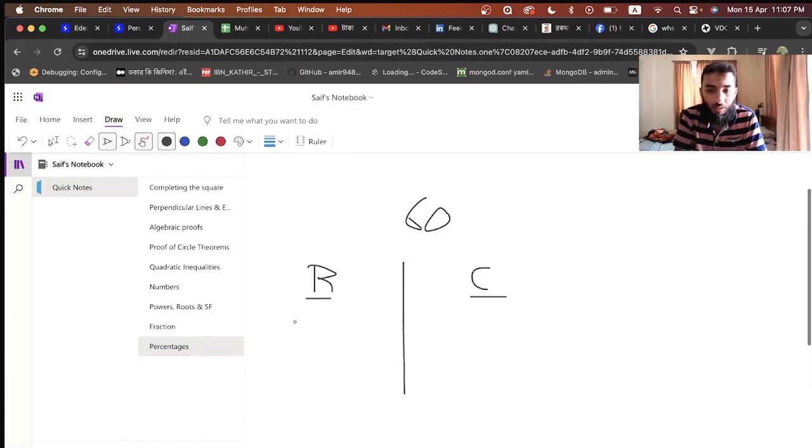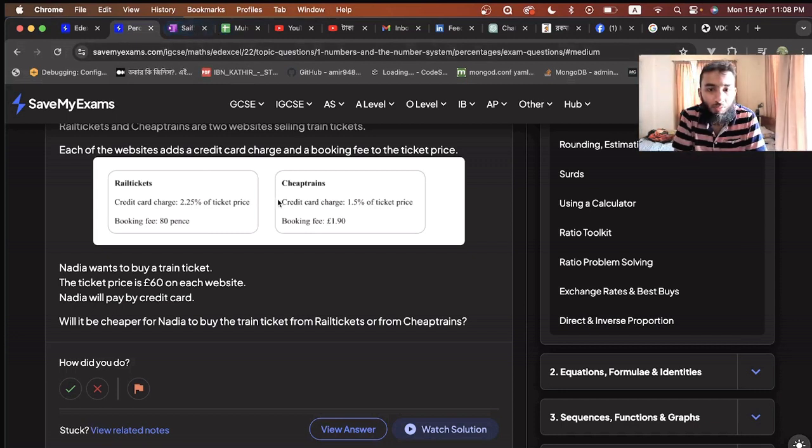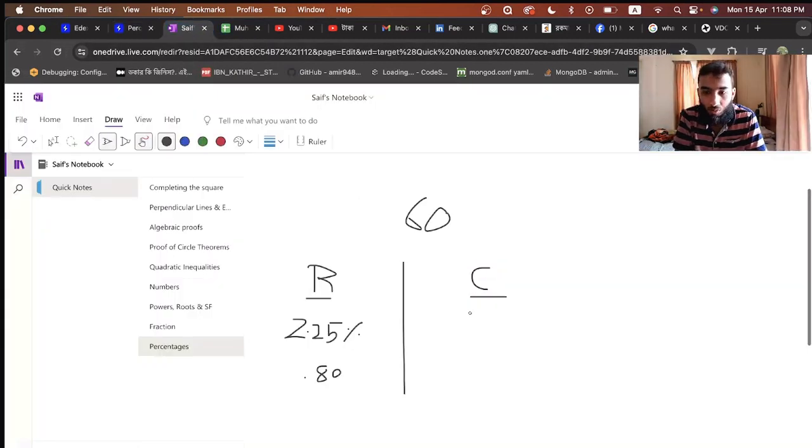For Rail Tickets, the credit card charge is 2.25% of the ticket price, and the booking fee is 80 pence, so 0.80. For Cheap Trains, the credit card charge is 1.5%, and the booking fee is 1.90.